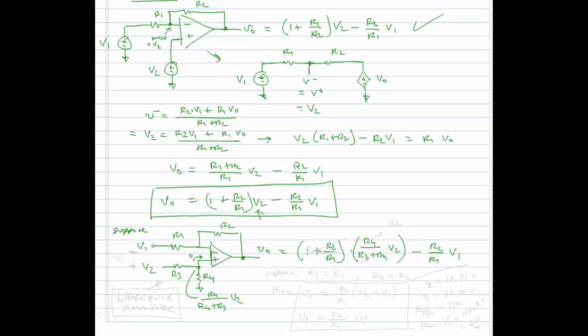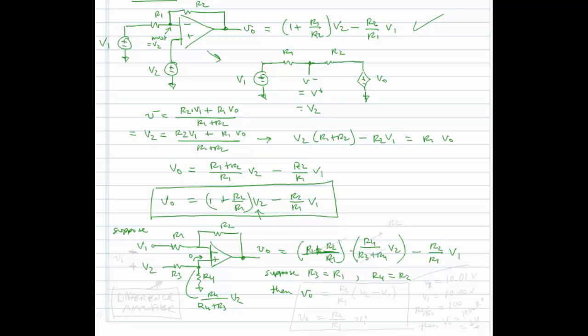Now that looks messy at first, but suppose that R3 was made equal to R1 and R4 was made equal to R2. Then this simplifies significantly, because after all, this I can write as R1 plus R2 over R1. And now I see that a bunch of things will cancel.